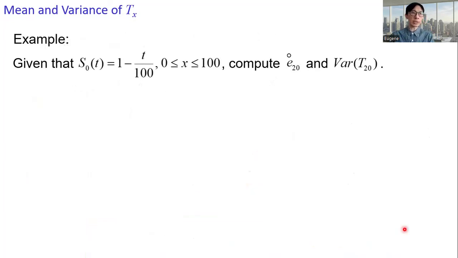Given the survival function S_0(t) equals 1 minus t over 100, we are asked to get the expected value of T_20, the complete expectation of life for an individual at age 20, and the corresponding variance.